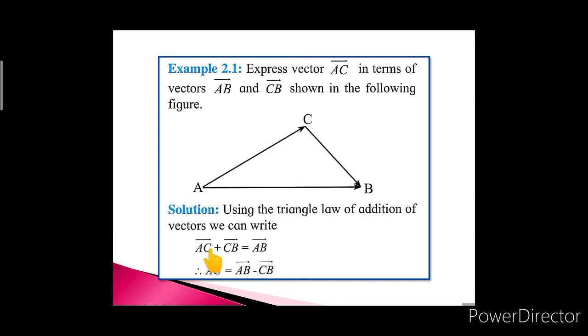When rearranging, vector AC is equal to vector AB, and vector CB on this side becomes negative. So we can write vector AC is equal to vector AB minus vector CB. In this way, we write down our final answer: vector AC is equal to vector AB minus vector CB.